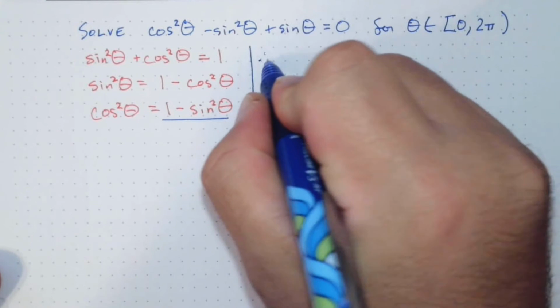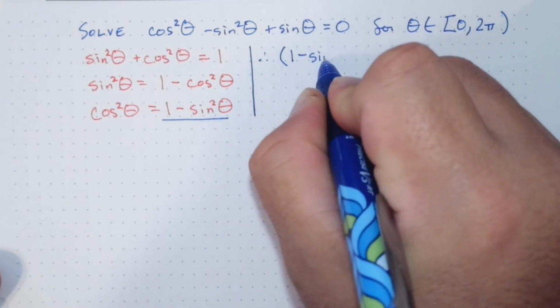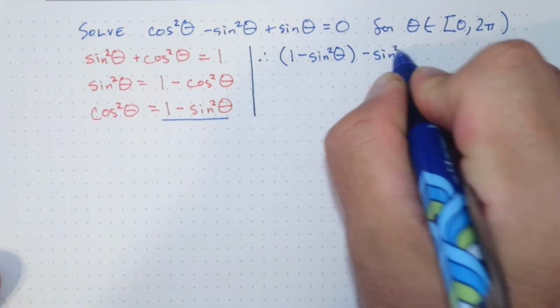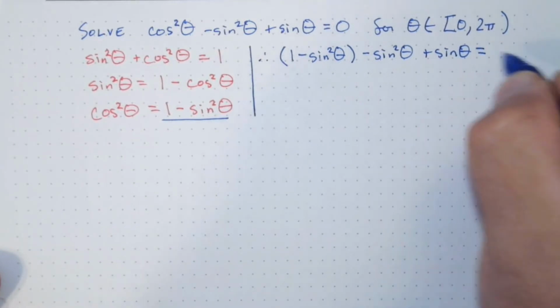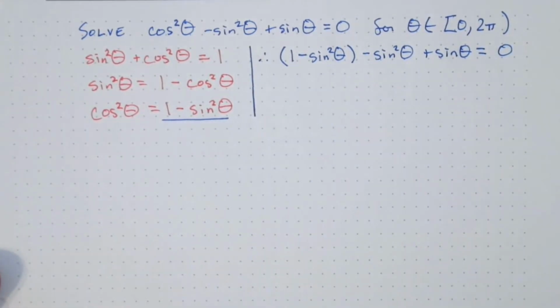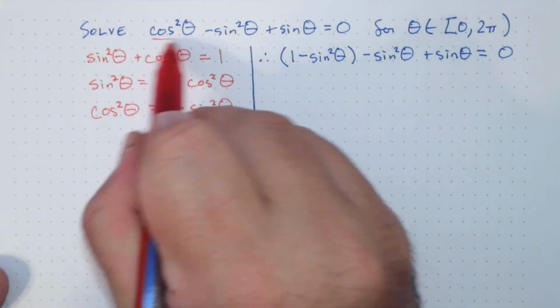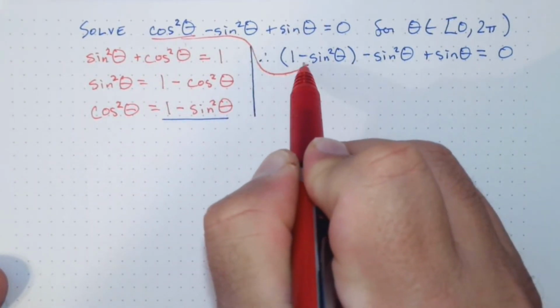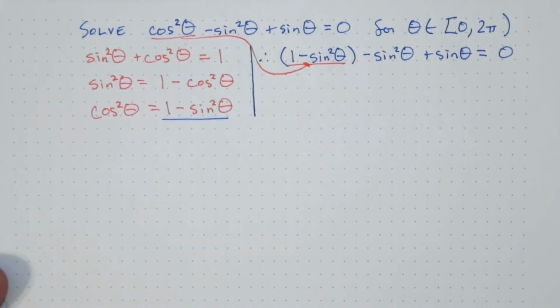So I'm going to be able to make that substitution and say 1 minus sine squared of theta minus sine squared of theta plus sine of theta is equal to 0. All right? And all I did was make that substitution from the cosine squared, and I replaced that with 1 minus sine squared.